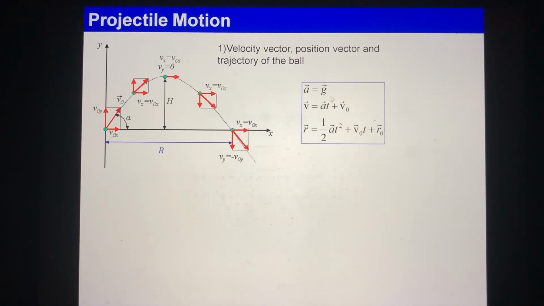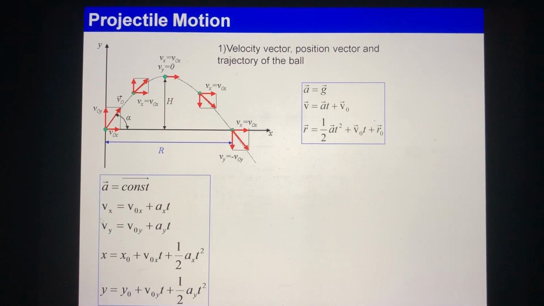Because the acceleration is a constant, we can write the formula for velocity and position vector like this. Take a look at this picture. We see that we have an x component and y component. Therefore, we can write the vx component and vy component like this.